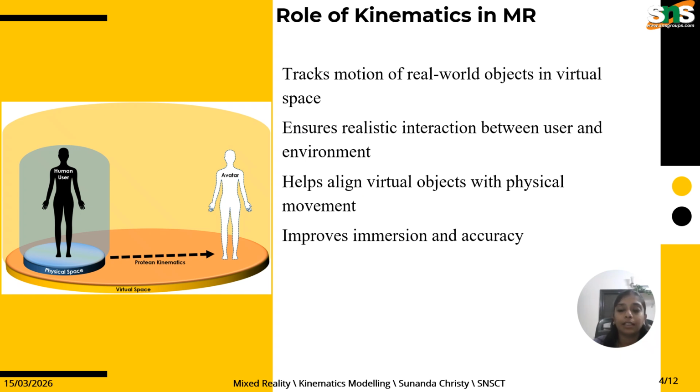Each and every movement will be tracked, and it ensures realistic interaction between the user and the environment. It also helps to assign physical movements to virtual objects, and it improves immersion as well as accuracy.